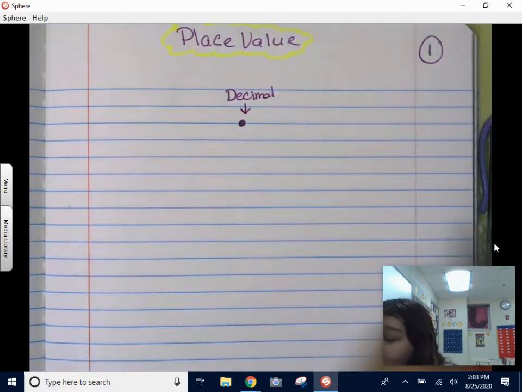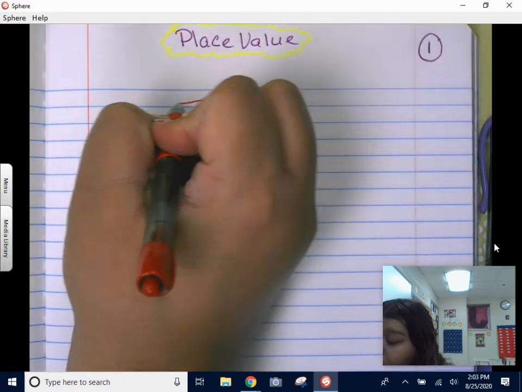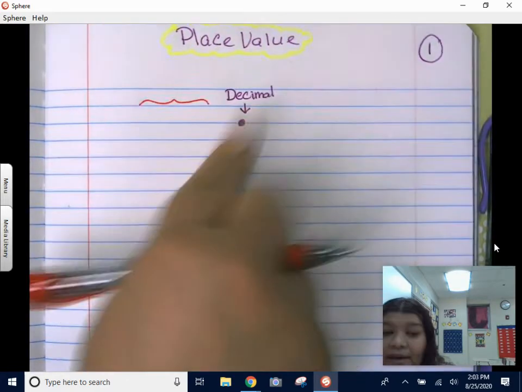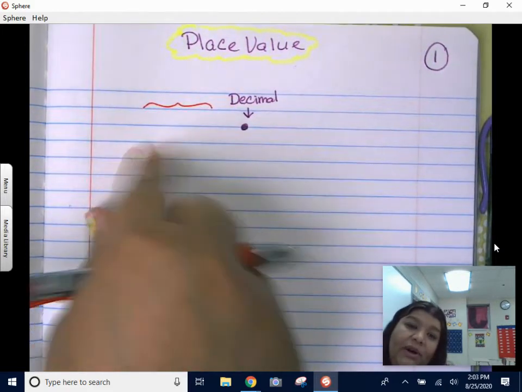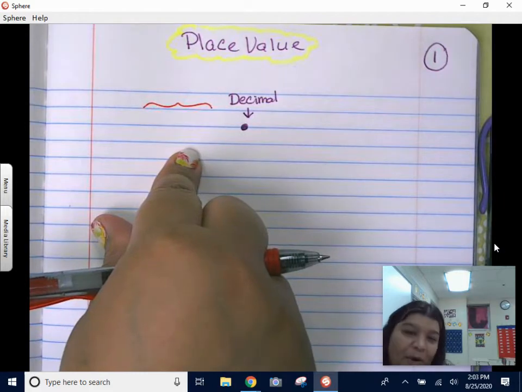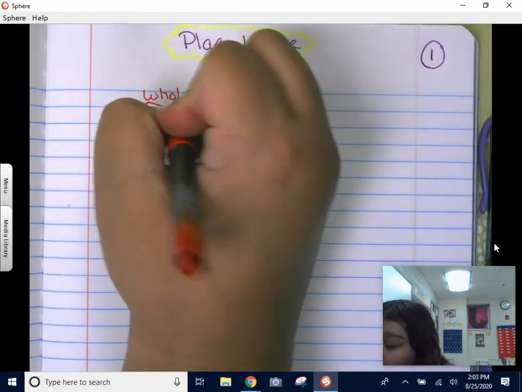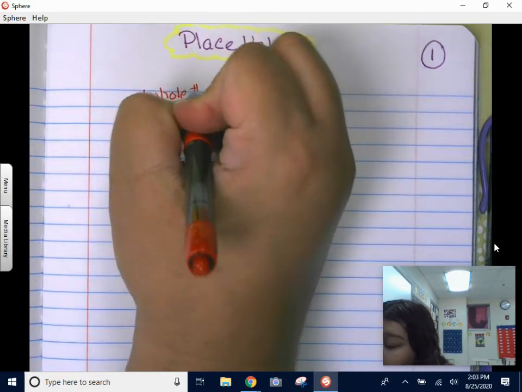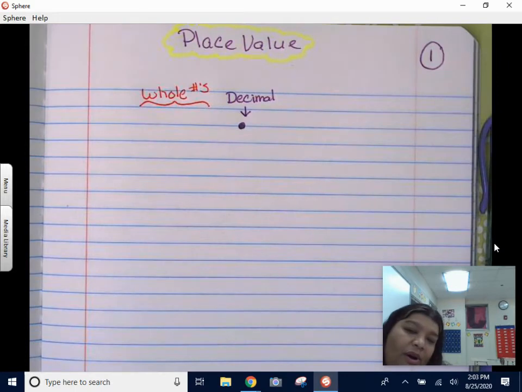Now, all the numbers over here to the left have a specific name as well. You know what those are called? Whole numbers. So all the whole numbers go off to the left of the decimal.